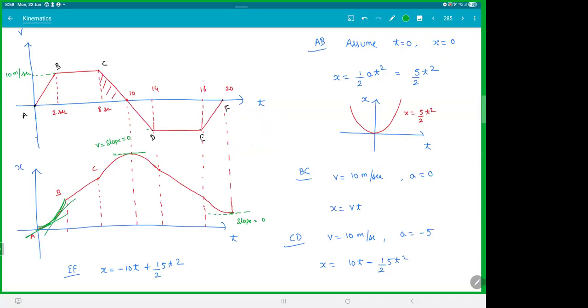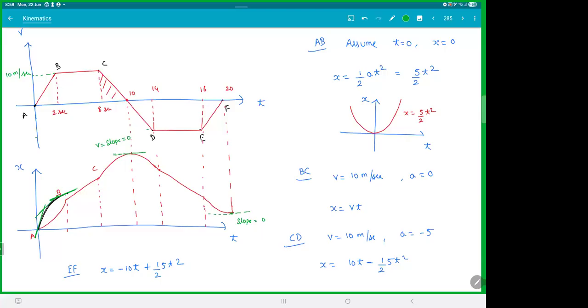The slope is increasing, meaning the speed is increasing. So by chance, if the graph was given like this, A to B, this is also increasing. But if you look, the slope is decreasing. Are you getting the difference?